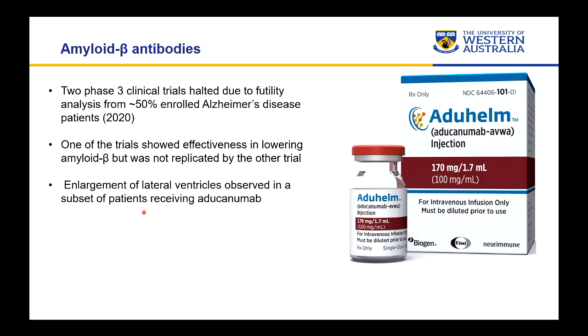Remember, the lateral ventricles are those canals in your brain that are really important for insulation and removing waste from the brain. Some of these people experienced an enlargement of those ventricles, which means, and we're not really sure, that the enlargement might be impinging on the brain tissue, so it might be reducing the healthy brain tissue as well. Increasing the ventricles might also have some maladaptive effects that we just don't know yet. So not all of the findings from the studies were promising.